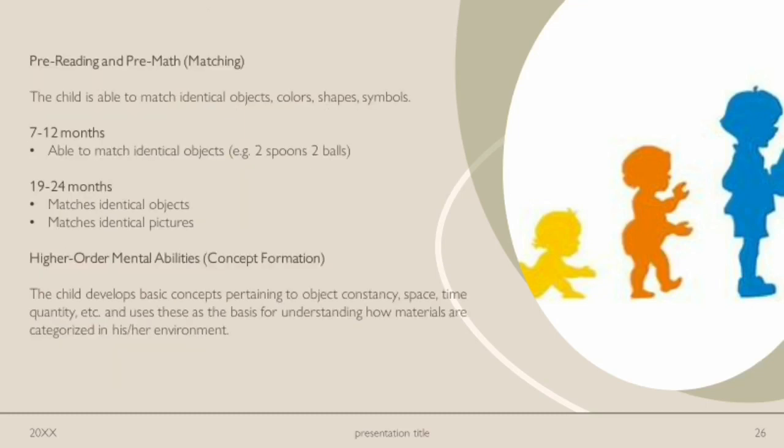Higher order mental abilities. Concept formation. The child develops basic concepts pertaining to object constancy, space, time, quantity, etc., and uses these as a basis for understanding how materials are categorized in his or her environment.